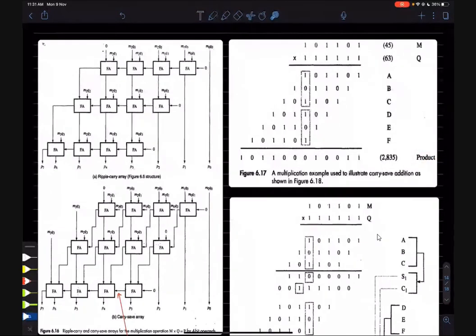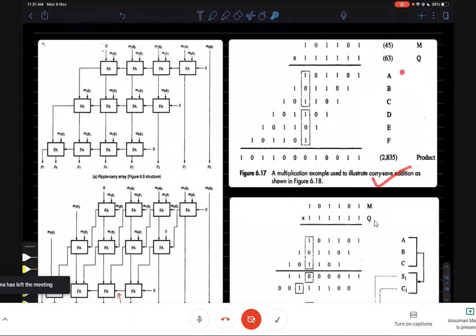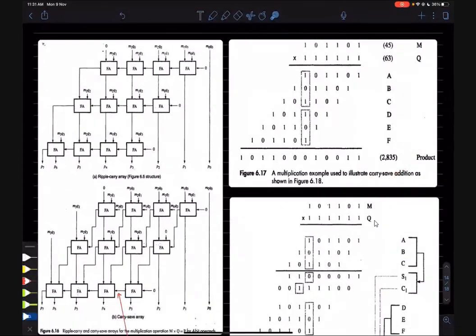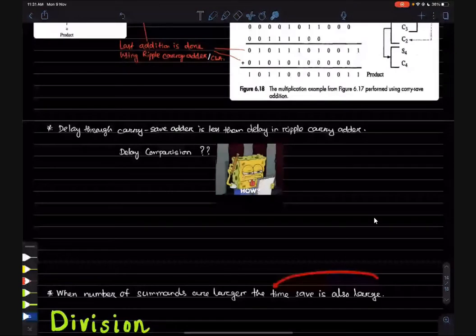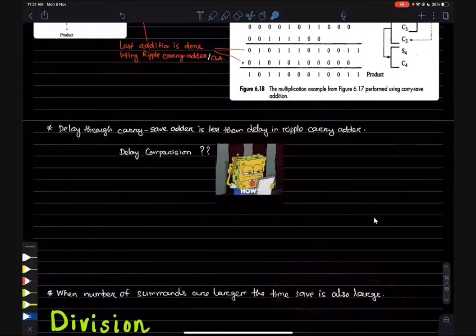If you use carry save addition, the delay of adding these will be reduced to half. And if it is for 6 bits only, think about 64 bit multiplication. 64 bits will be multiplied with each other. In that case you will get 64 additions, and you will get lots of time saving due to the carry save addition.